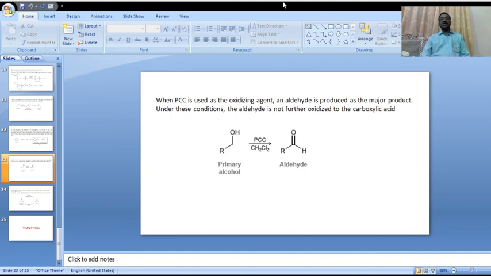This is the actual reaction: primary alcohol in the presence of PCC gives aldehyde. This reaction does not proceed further to the formation of carboxylic acid. Is it clear?